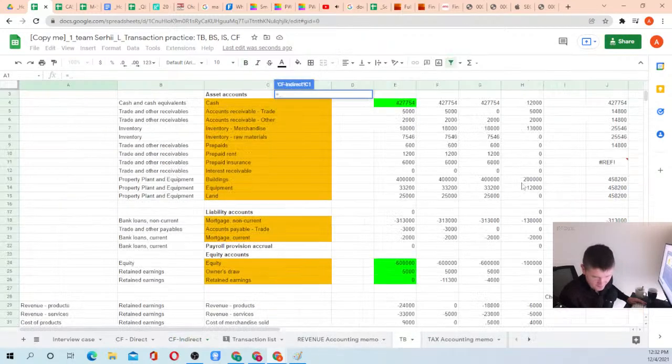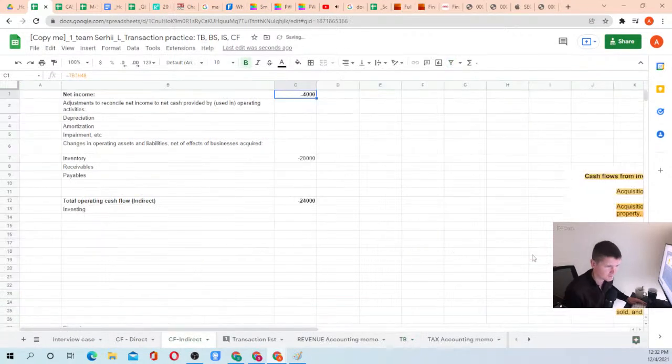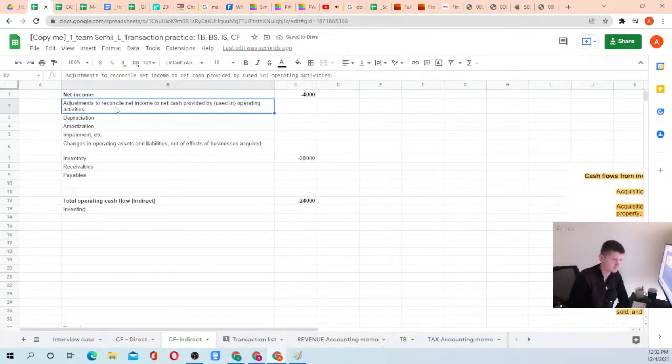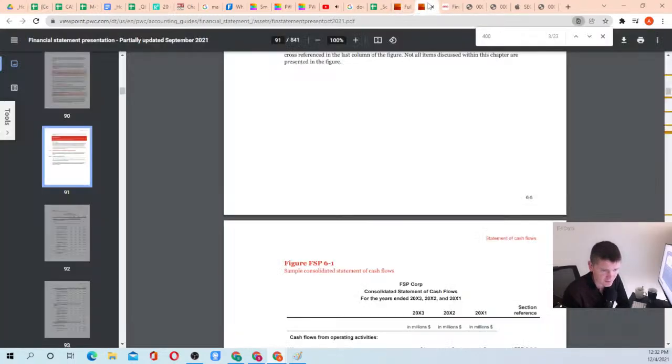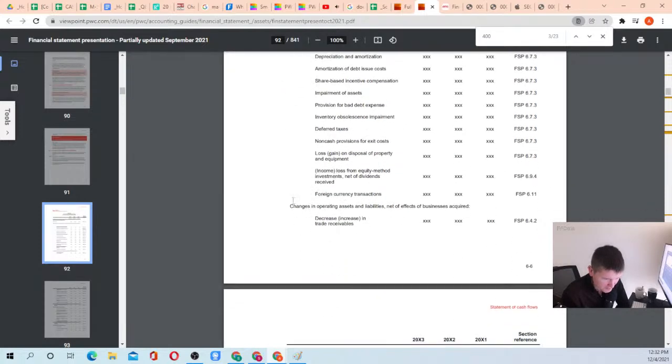Trial balance, period 1. We are still in period 1. We have 4,000 income. We have adjustments to reconcile net income to the net cash provided by and used in operating activities. Let's just make sure that we copied the captions correctly. Changes in operating assets and liabilities.